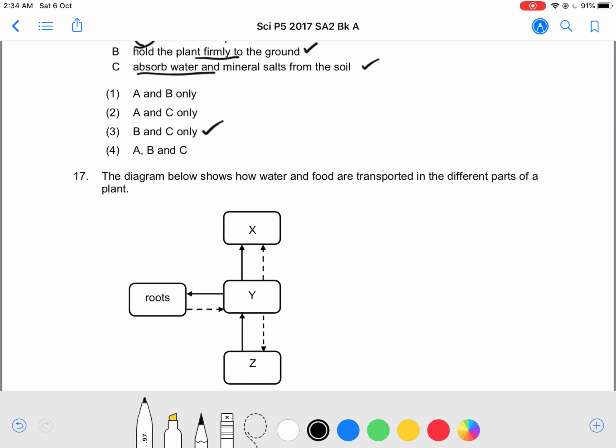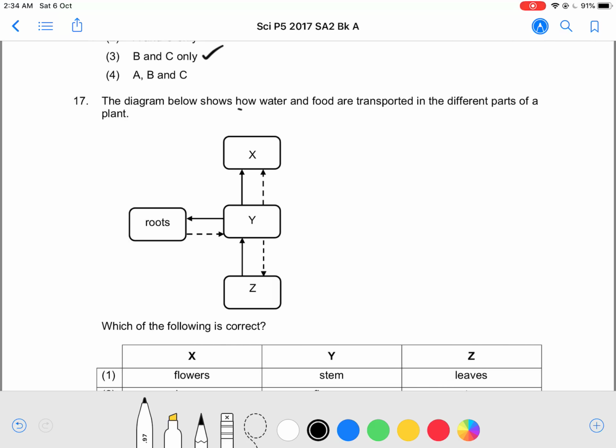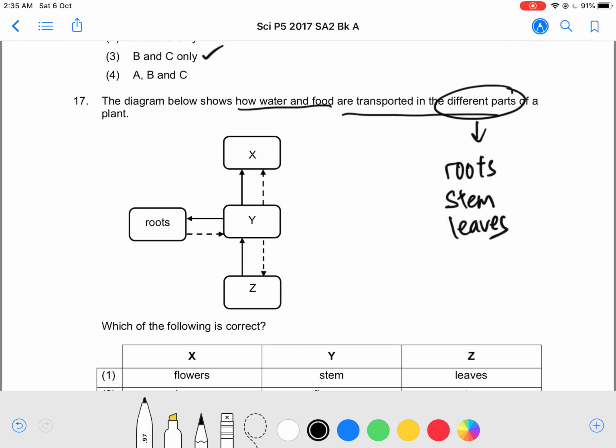Alright. This one shows how water and food are transported to different parts of the plant. So the different parts of the plant will have roots, stems, leaves, and flowers. We'll put flowers and fruits together. So roots, of course, the next part it travels to must be the stem.